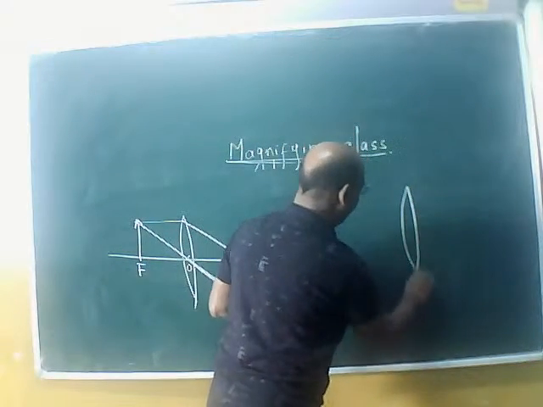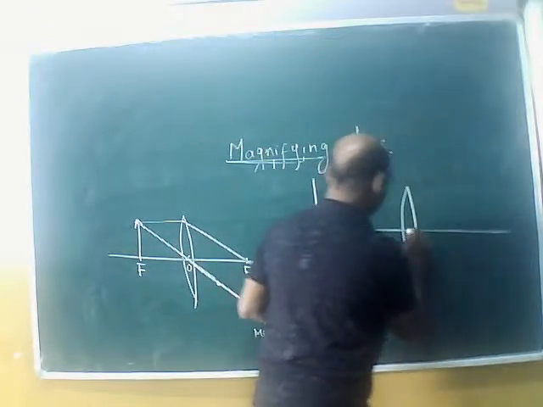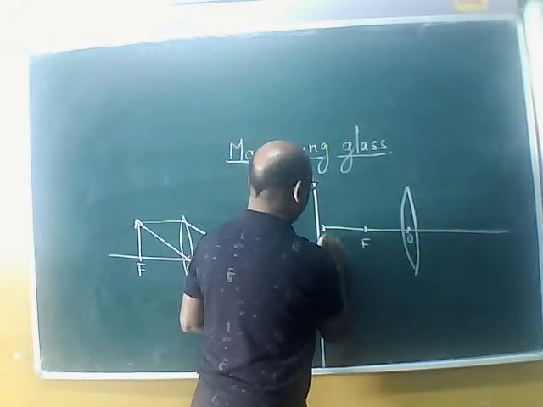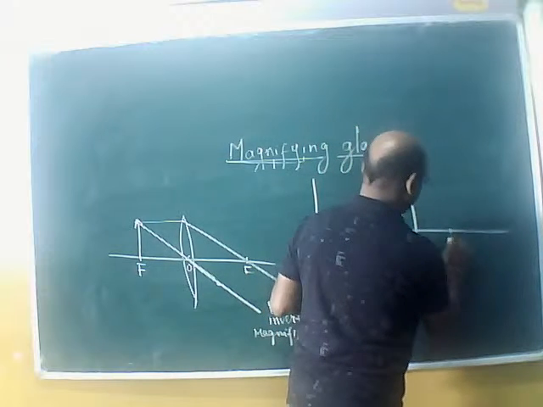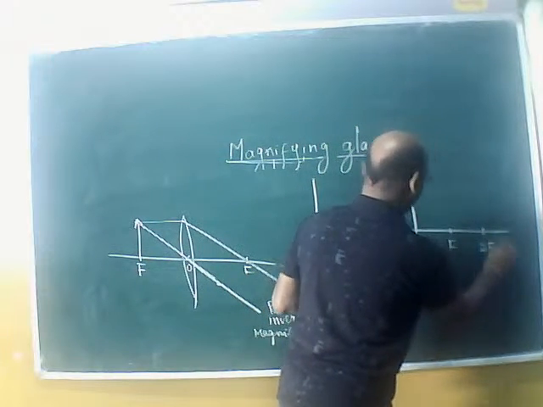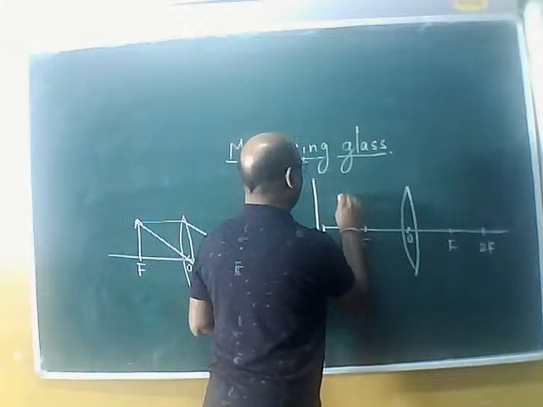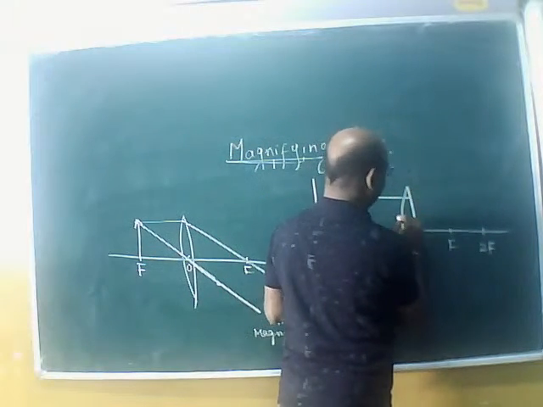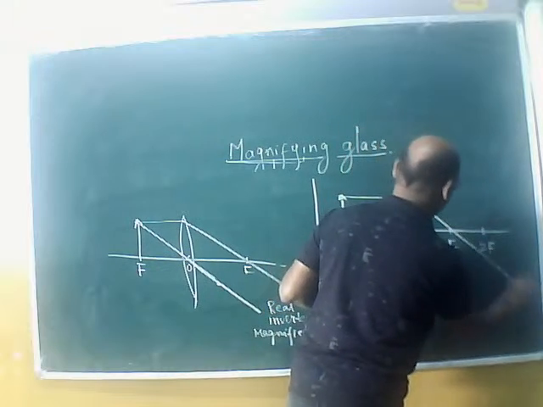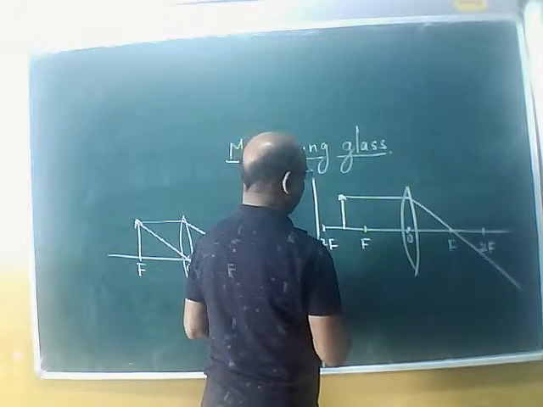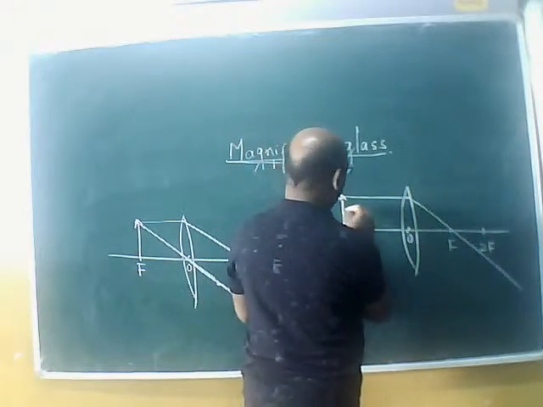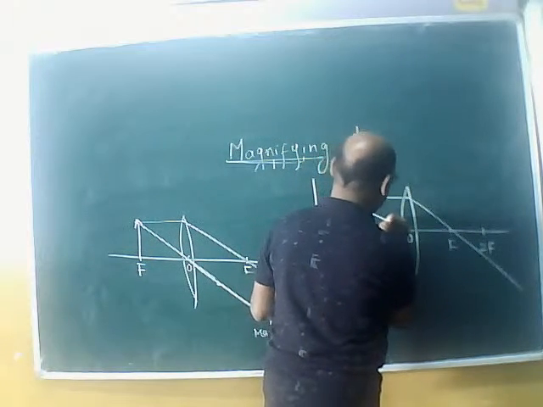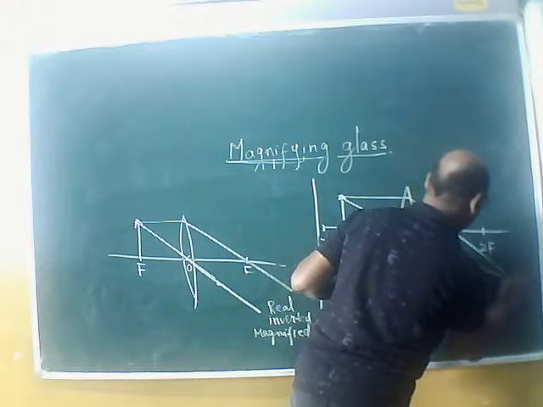Then, if you keep this object in between f and 2f, this is your convex lens, this is the principal axis, this is the optical center. If you keep it here, what will happen? One ray will pass through and will bend, and will pass through the focus. Then the other ray will pass through without bending.